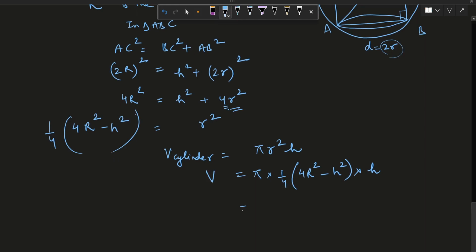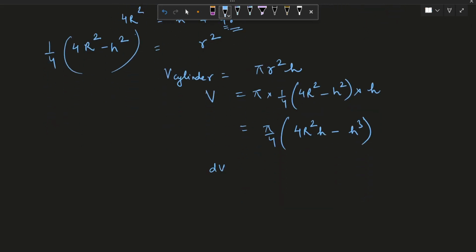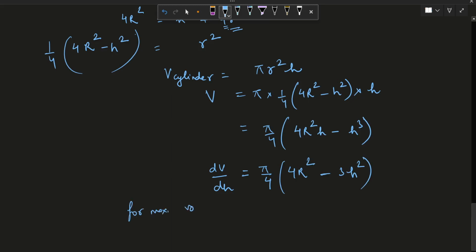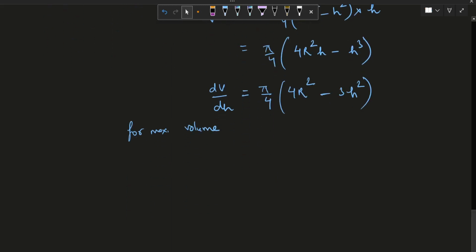Again, I have to do the dV by dh part. So it's pi by 4, 4R square h minus h cube. So let's do dV by dh. What will I get over here? That's pi by 4, and this part is 4R square minus 3h square. Now for maximum volume, I have to put this equal to 0.